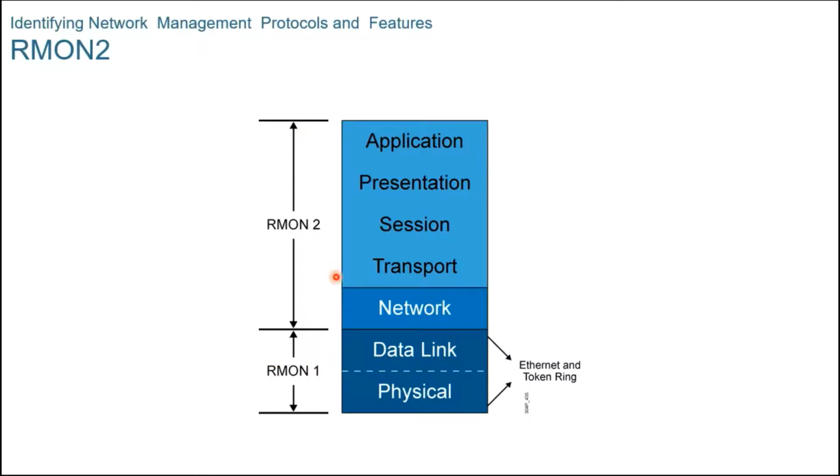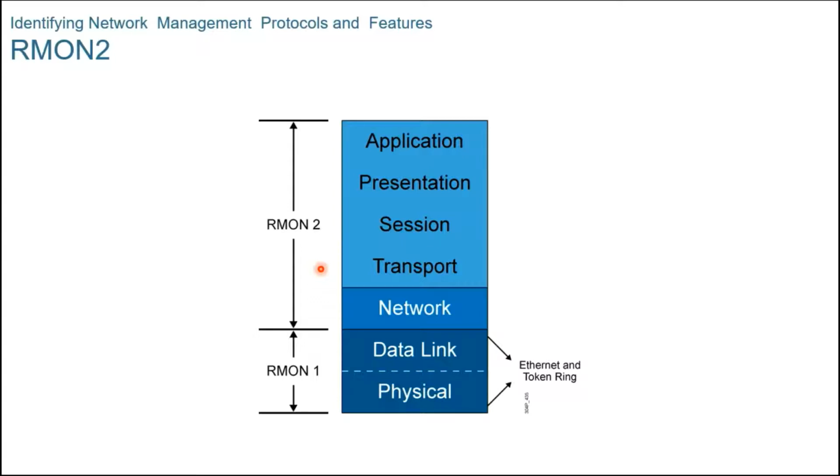Now with visibility into the upper layer protocols, the network manager can monitor any upper layer protocol traffic for any device or subnet, in addition to MAC layer traffic. So RMON2 allows the collection of statistics beyond the specific segment's MAC layer and provides an end-to-end view of network conversations per protocol.